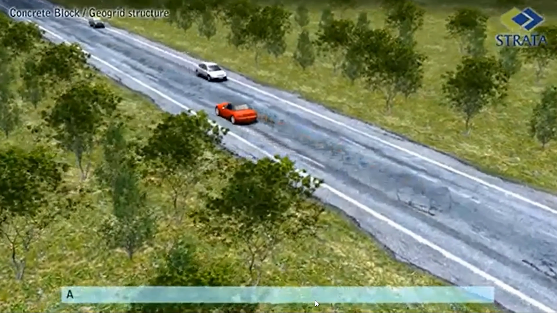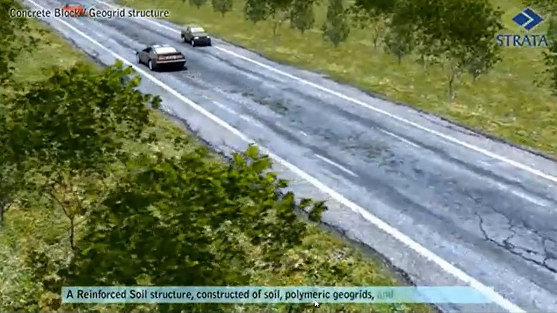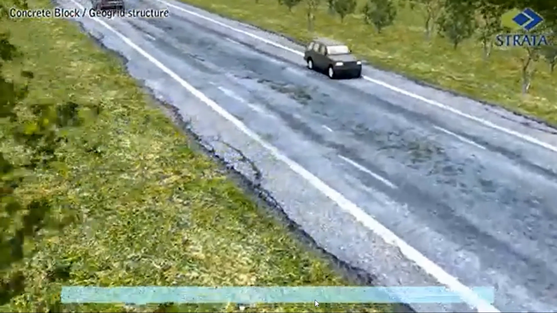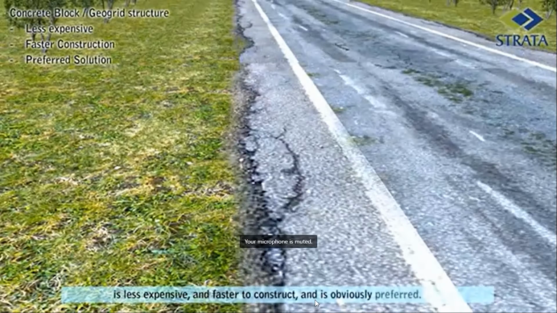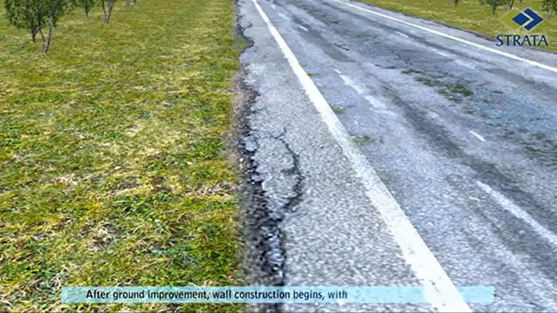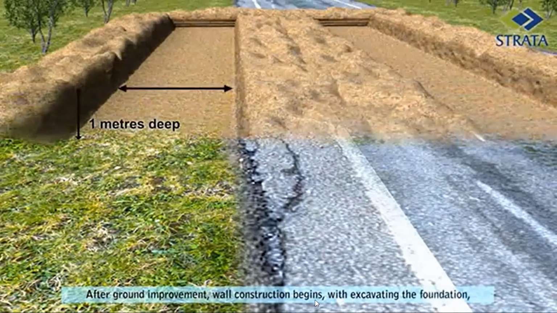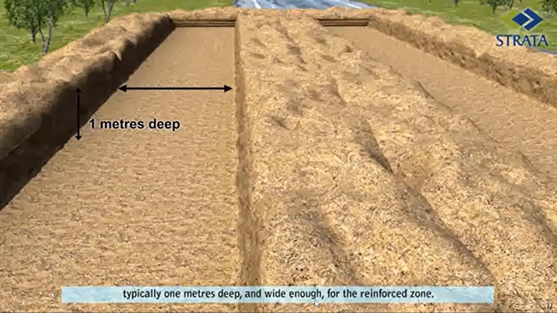A reinforced soil structure constructed of soil, polymeric geogrids, and concrete blocks is less expensive and faster to construct and is obviously preferred. After ground improvement, wall construction begins with excavating the foundation, typically 1 meter deep and wide enough for the reinforced leveling bed.